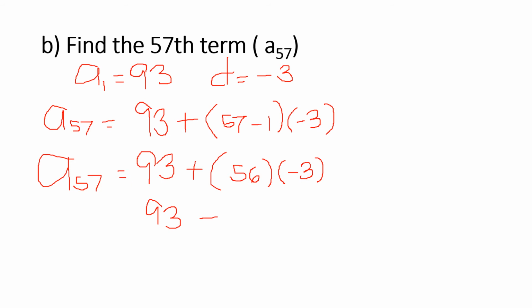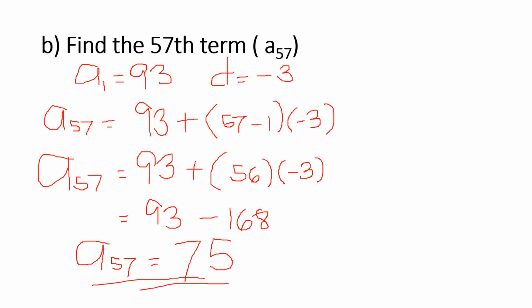So ang answer doon ay 168. Then, for our final answer, 57th term natin is 93 minus 168. So, i-minus lang natin. So, ang answer doon ay 75. So, this serves as the 57th term of our sequence.